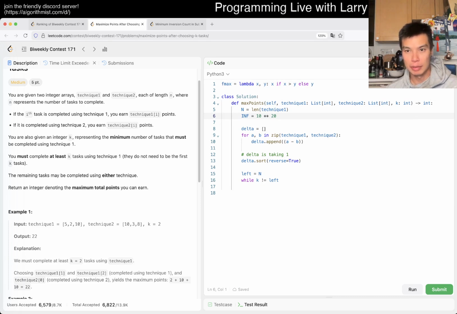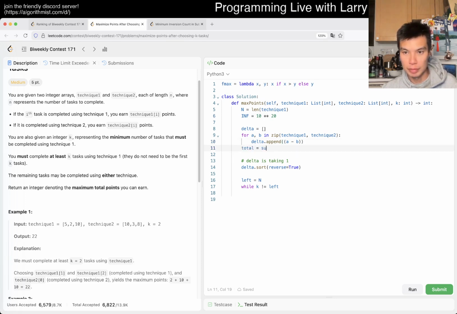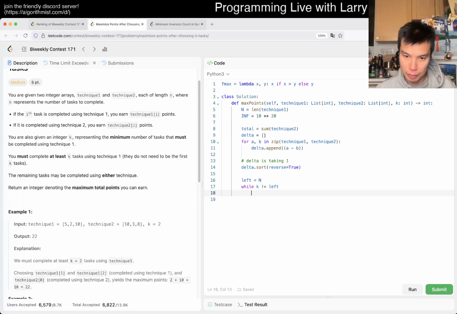So then, okay. So then, point five. Okay. So what do I do? K is equal to left. No, that's not right.